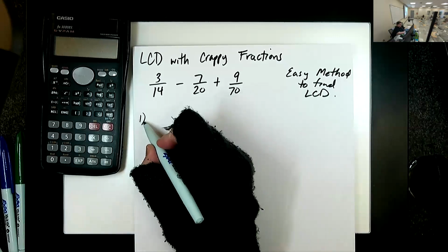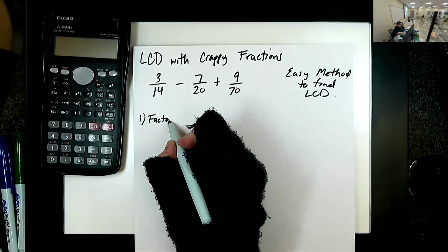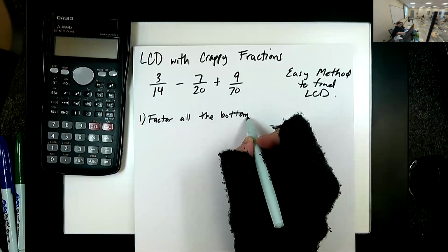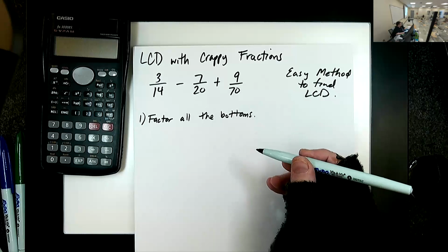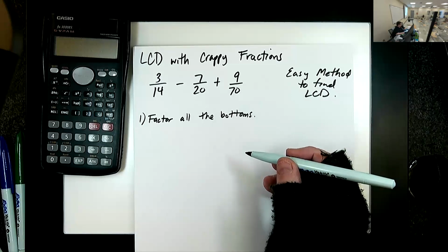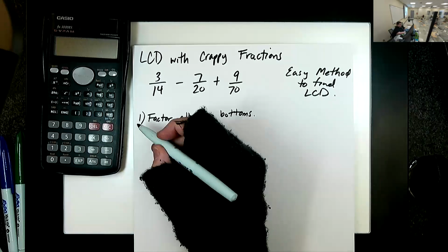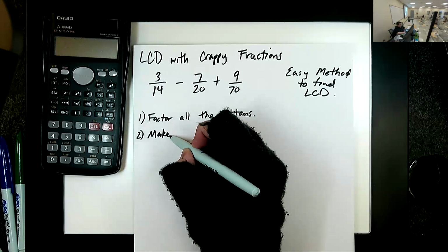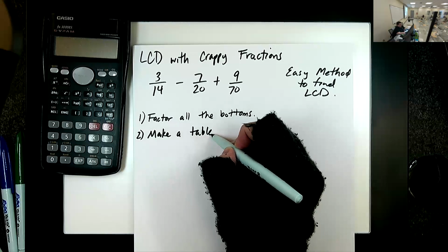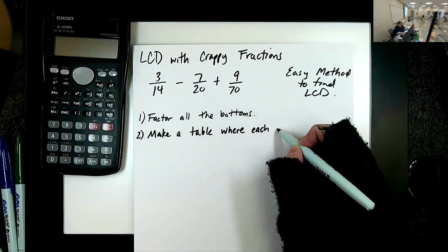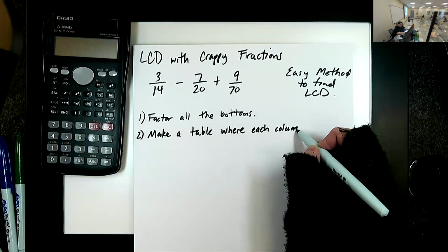So the easy method to find the LCD. First off, factor all the bottoms. And then second, make a table where each column is a unique prime number.